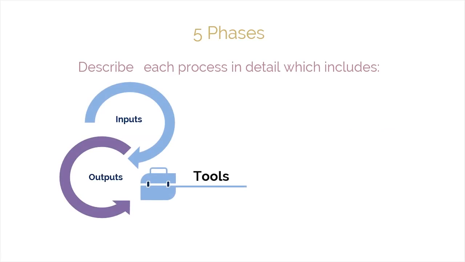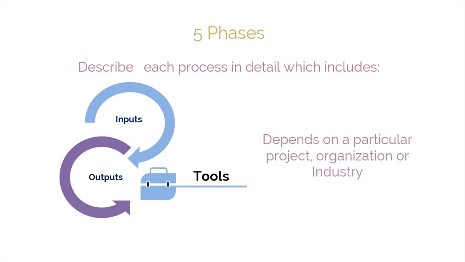Also, in each process, some inputs, tools, and outputs are designated as mandatory, while others are designated as optional. The decision to include any optional input, tool, and/or output depends on the particular project, organization, or industry. Inputs and outputs denoted as mandatory are important for the successful implementation of Scrum in any organization.